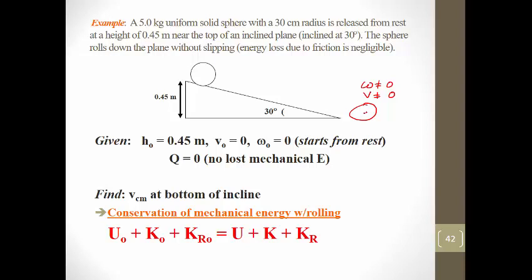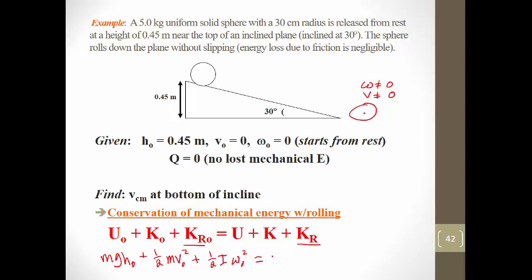And we could do this problem exactly like we would have in chapter 5. The difference is that now I have to worry about rotational kinetic energy. So I have to include mgh initial, and the linear form of the kinetic energy, and the rotational form of my kinetic energy.